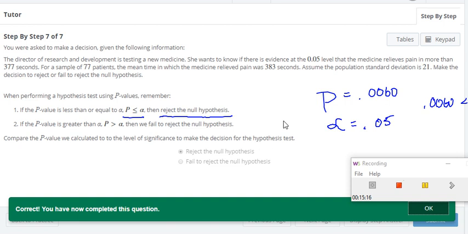So rejecting the null hypothesis doesn't prove anything. It just opens up the scenario for us to say, well, maybe we should go look a little bit deeper. Either way, that's how we work our way through hypothesis testing for the population mean when it's known. Good work, and use this video as needed.